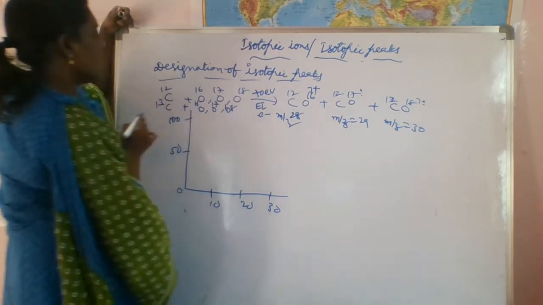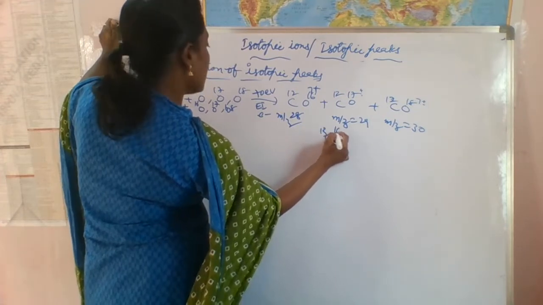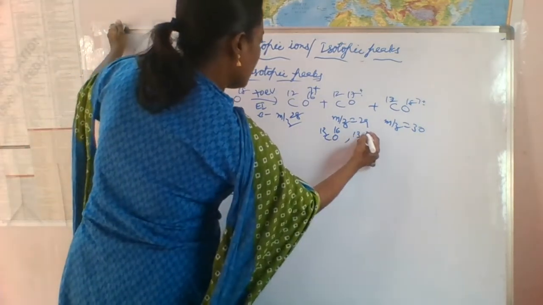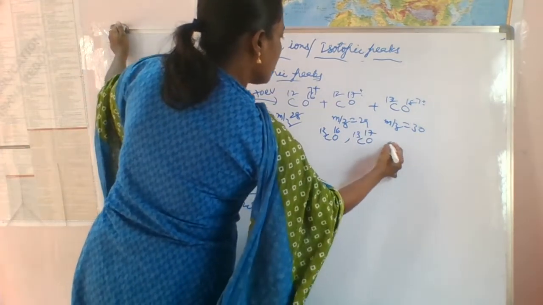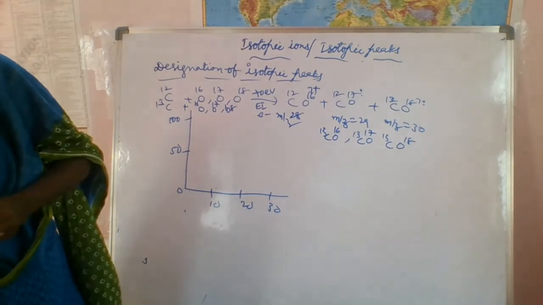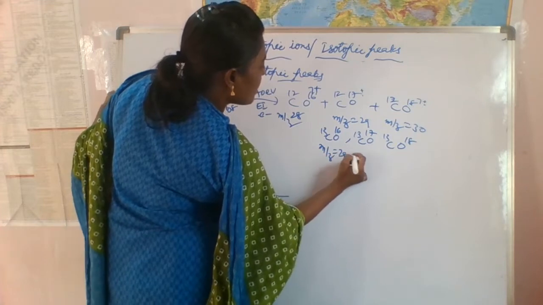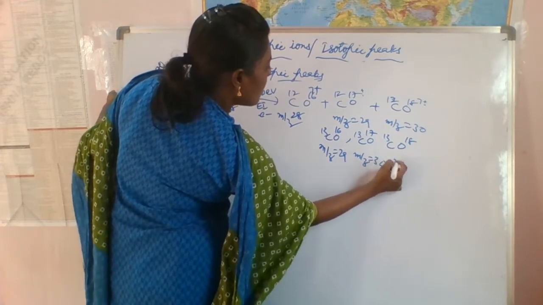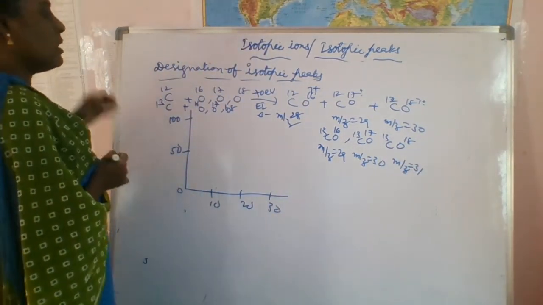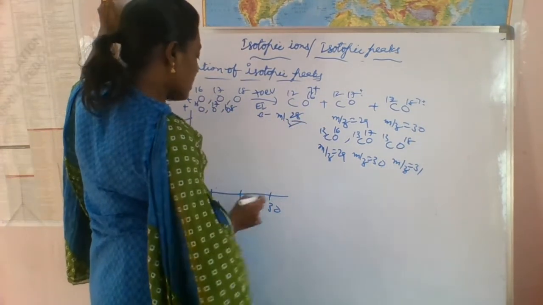So we get 29 along with C13 O16, C13 O17, C13 O18. We get a lot of peaks. What is the m/z value for these? m/z 29, m/z 30, m/z 31. m/z 28 is the molecular ion.